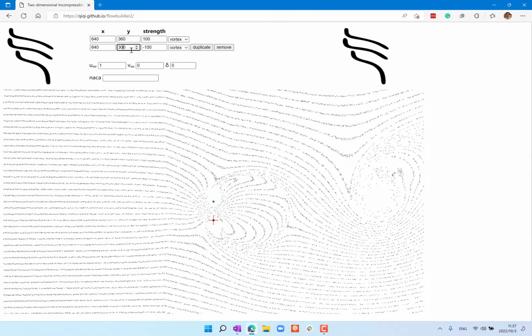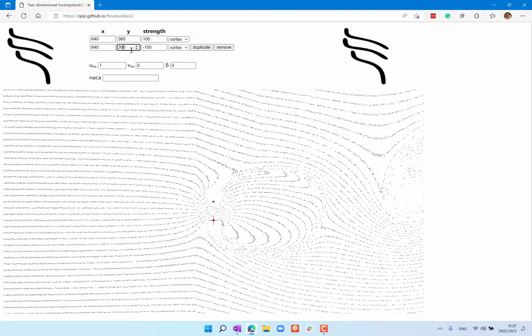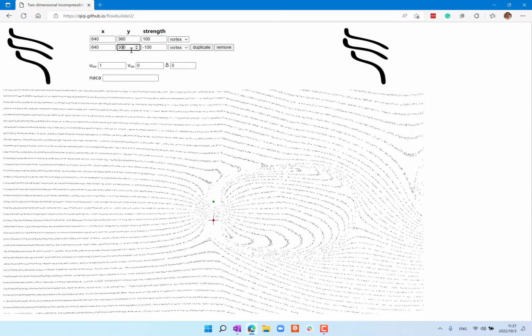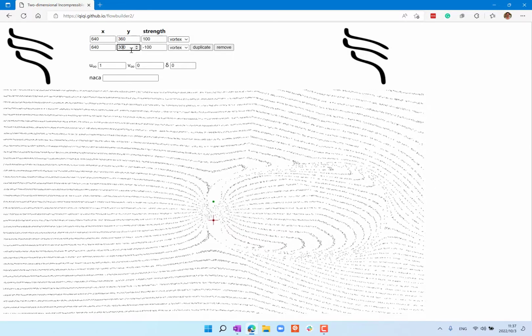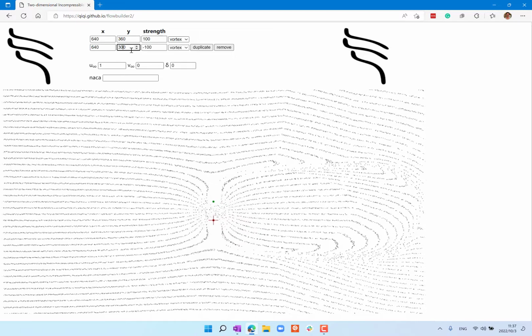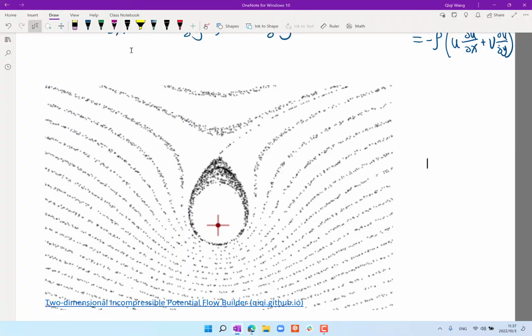That actually creates something like a contraction, right? Because now we know that we can construct different scenarios by just placing different vortices.